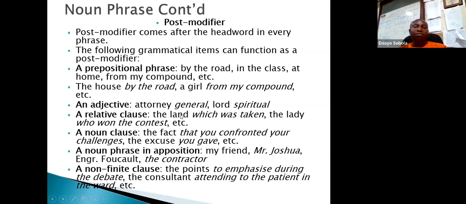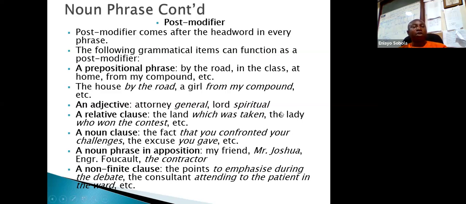Which was taken is a post modifier that modifies the particular land we refer to. So which was taken is a relative clause that post modifies the noun land. The lady who won the contest. Here, who won the contest is a post modifier to the noun head lady that shows our reference.